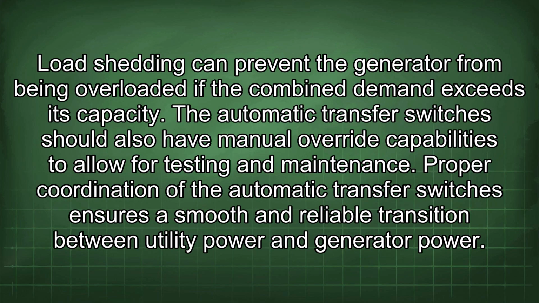Load shedding can prevent the generator from being overloaded if the combined demand exceeds its capacity. The automatic transfer switches should also have manual override capabilities to allow for testing and maintenance. Proper coordination of the automatic transfer switches ensures a smooth and reliable transition between utility power and generator power.